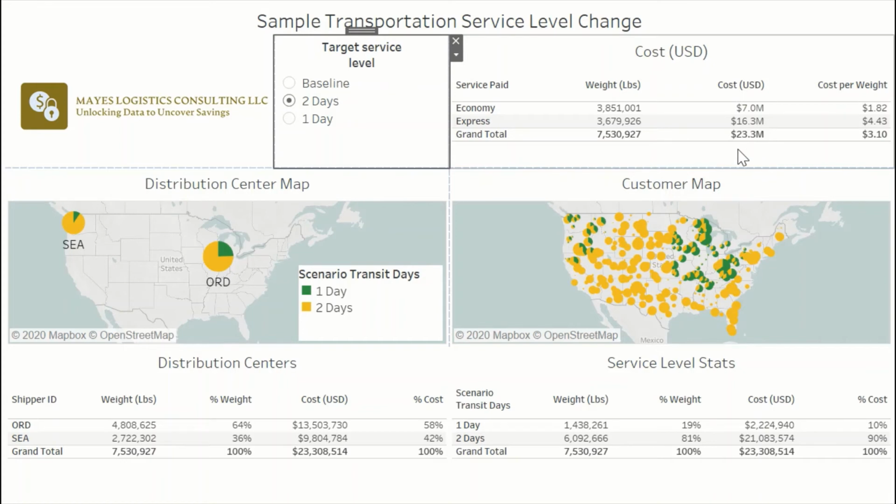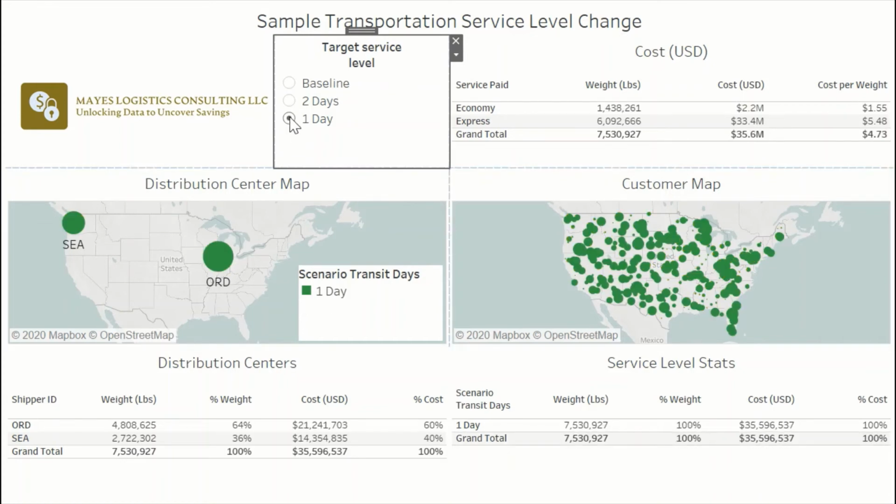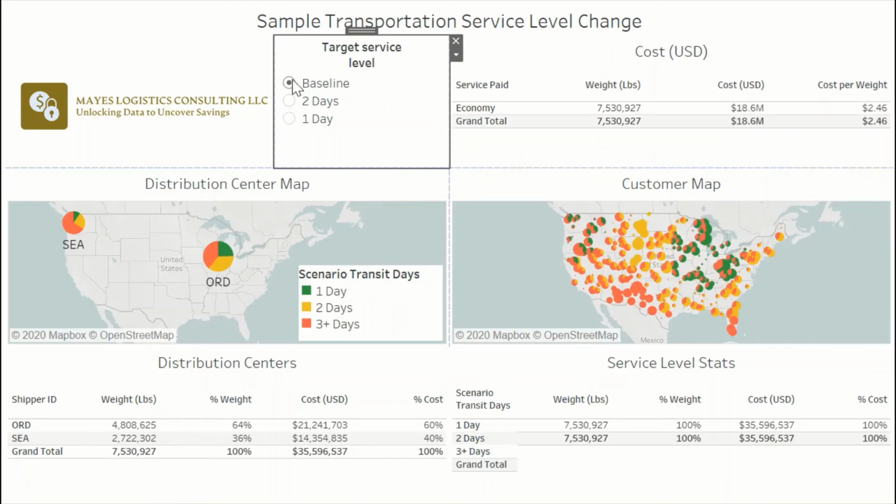If you want to reach all customers within 1 day, then with this network design, you'd have to pay for really expensive express service for most of the customers, and that would cost you up to 35.6 million. So that's a quick way that you can evaluate how much it might cost to increase your delivery service with your current network design.